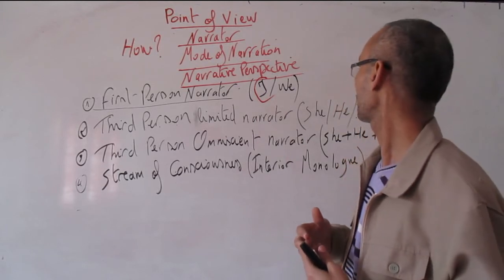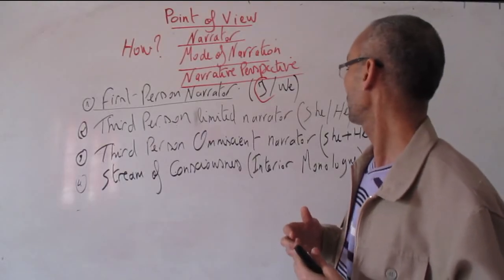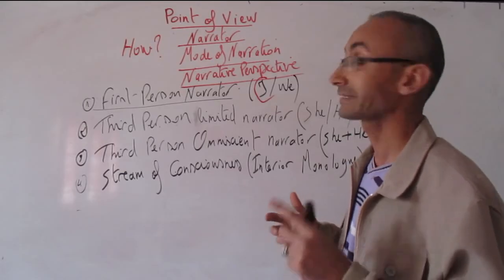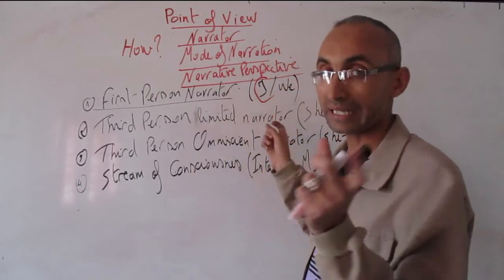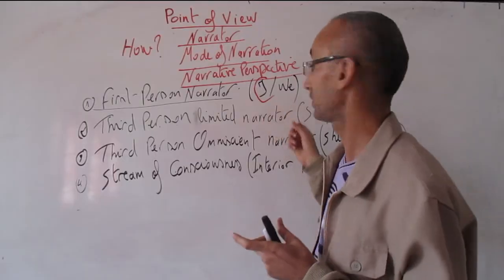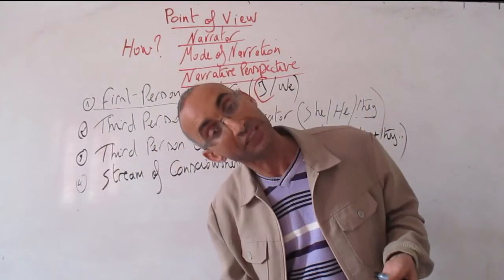What is left? I think that's all for the time being for this lecture. Sometimes writers may use only one of these points of view in their stories, but other times they can use a mixture.